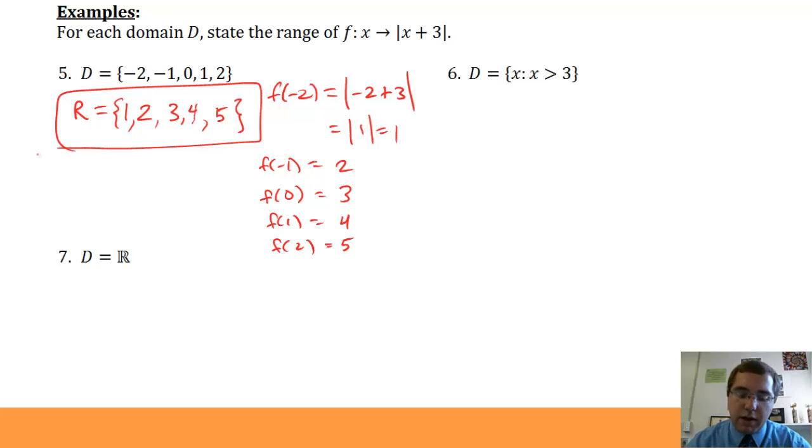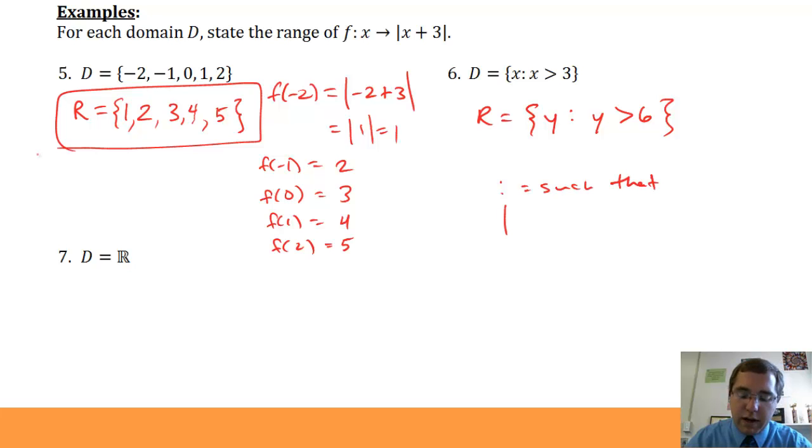And in fact, I could get anything bigger than 6. If I want to get 6.1, all I have to do is plug in 3.1. I'll have the absolute value of 6.1, which is 6.1. So I can take anything bigger than 6. So my range then, I could express it as the set of all y, such that y is greater than 6. Notice we're using the colon here to mean such that.